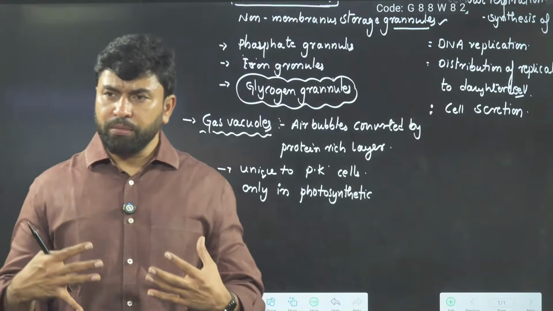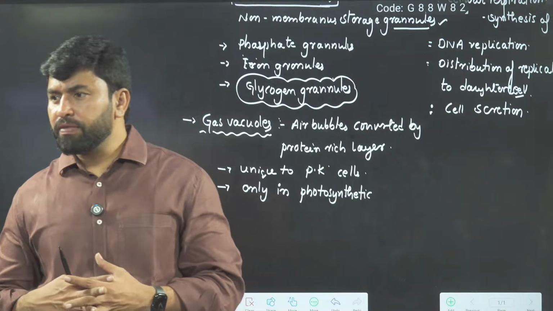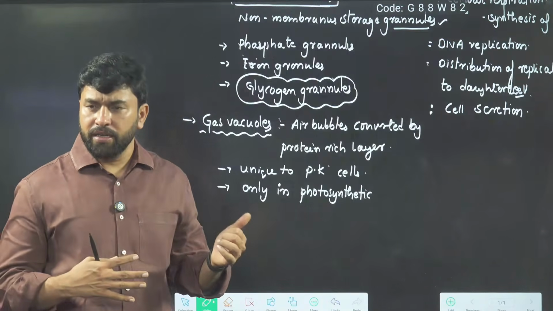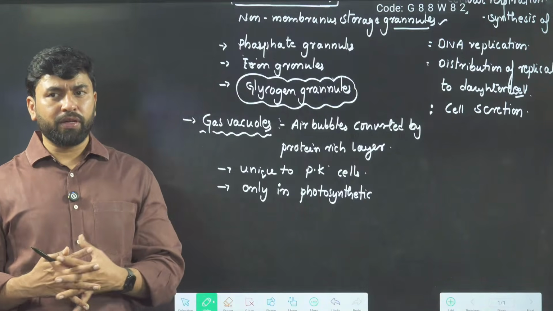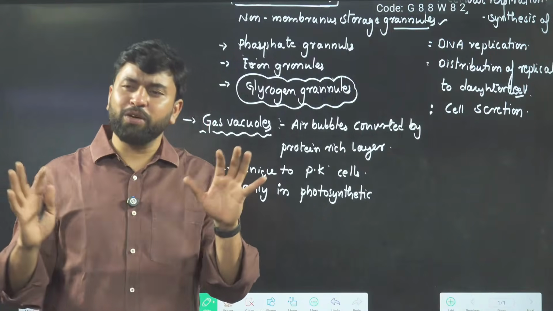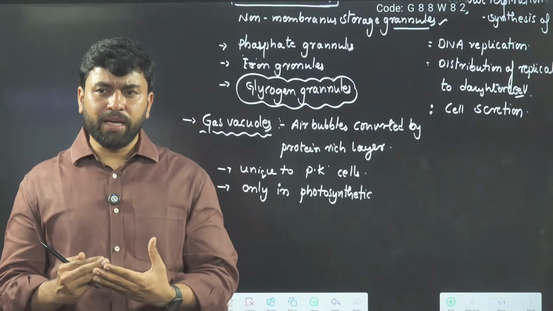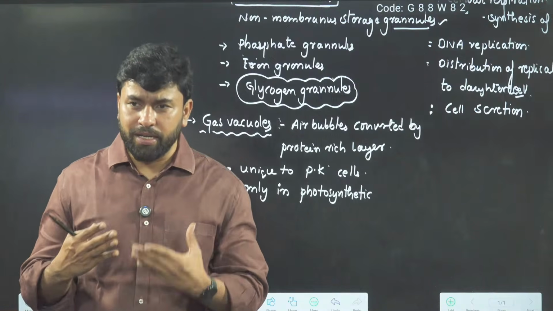What is the relation between photosynthesis and the presence of gas vacuole? You are saying here photosynthetic prokaryotic cells are having gas vacuole. Extraordinary. Okay, we believe. What is the relation between a gas vacuole and a photosynthetic bacteria?